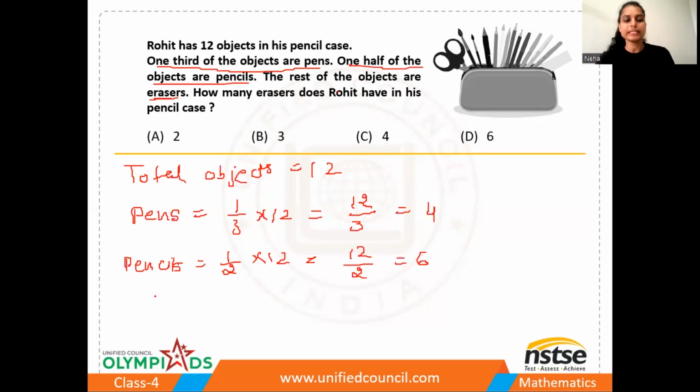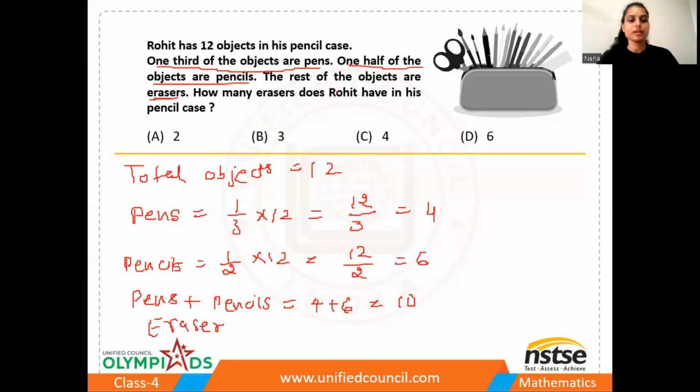The rest of the objects are erasers. So basically the total number of pens plus pencils. How many pens and pencils are there? It is 4 plus 6, which is equal to 10. So in total we have 10 pens and pencils. So how many erasers are there then? Rest are erasers. 12 total objects we have and 10 pens and pencils.